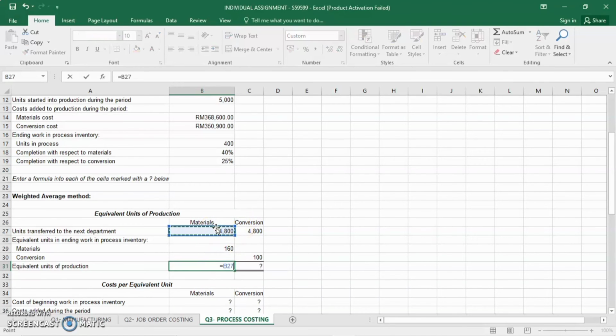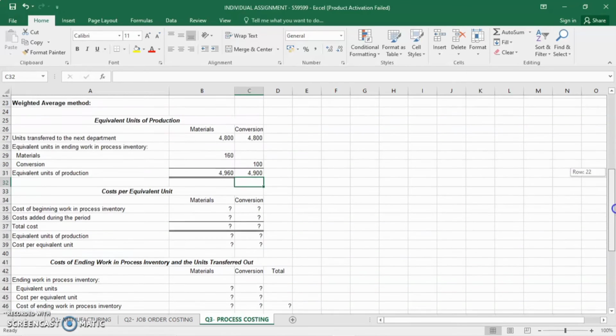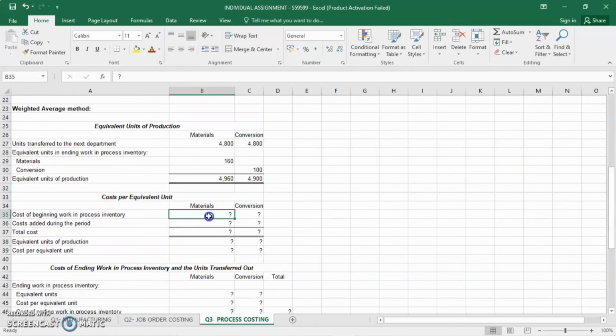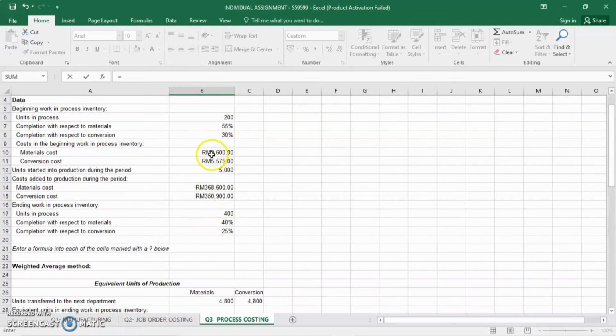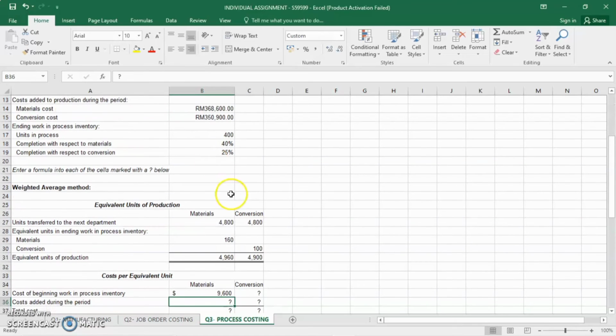To find equivalent units of production, units transferred plus ending work in process equivalent units. Okay, cost per equivalent unit. Cost of beginning work in process for material 9,600, and for conversion.